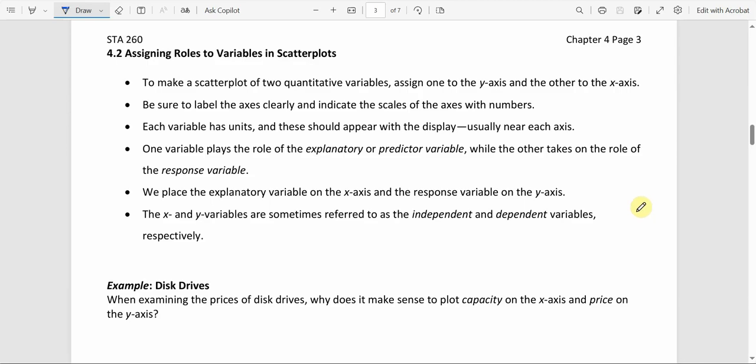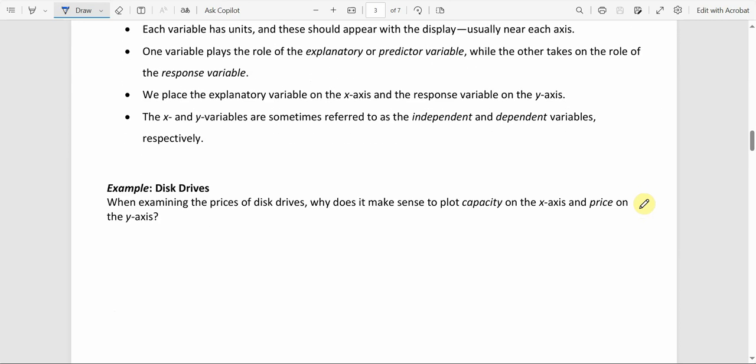So the example that's here, with the disk drives, we had capacity on the x-axis and we had price on the y-axis because it would make sense that if you have a hard drive with a higher capacity, that would cost more money. And it seems like that's the way that would work, not the other way around.